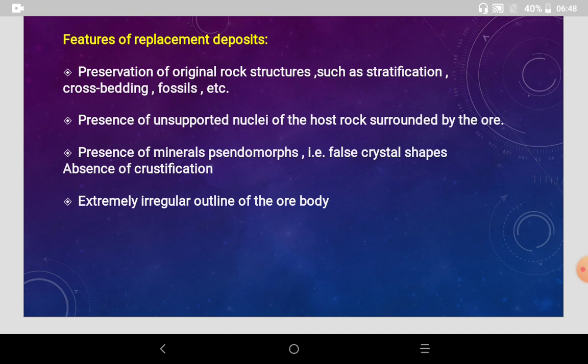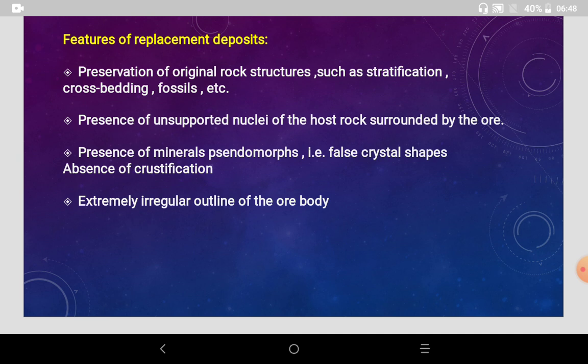Such inherited structural elements may be stratification, cross-bedding, schistosity, folding, faults, or joints. Fossils and dolomitization rhombs are also sometimes preserved.